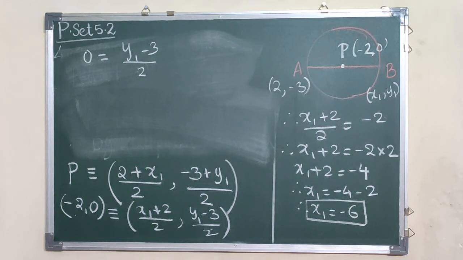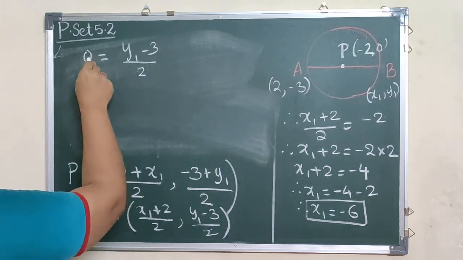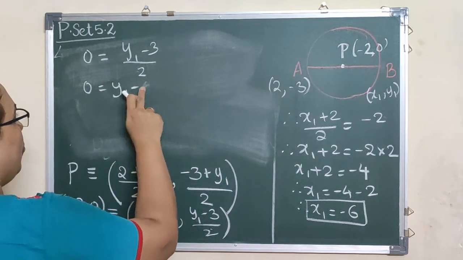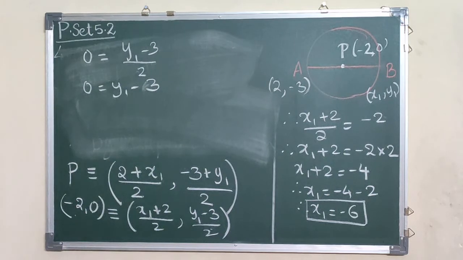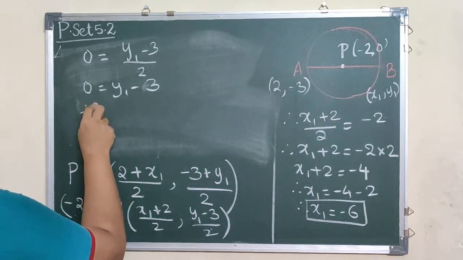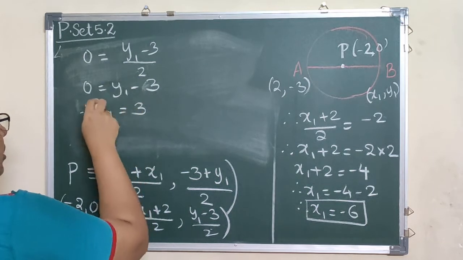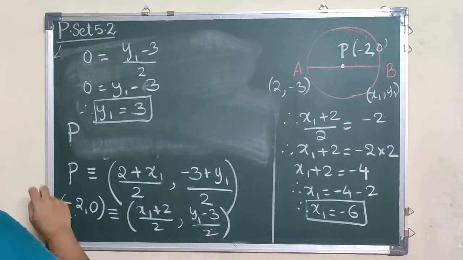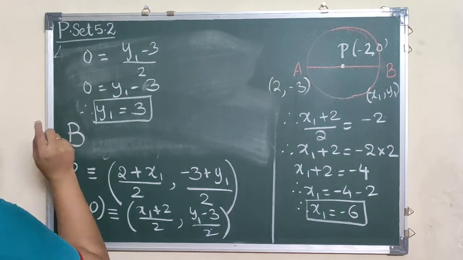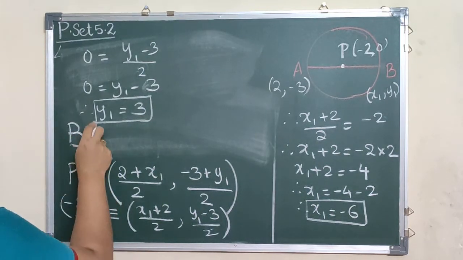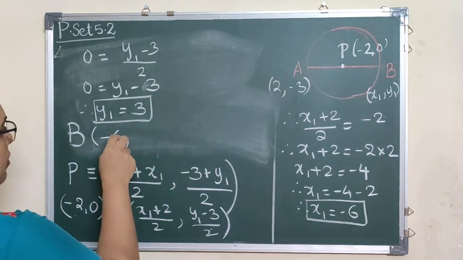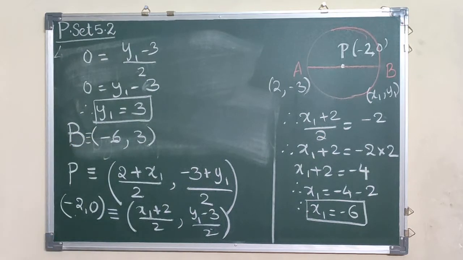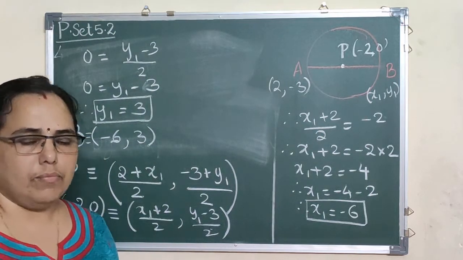Calculation becomes easier and easier. 2 into 0 is again the same hero, the 0. Therefore y1 is 3. So what is the coordinate of point B? Point B has the coordinate (-6, 3). Is this very clear? Followed? So you will conclude the sum.